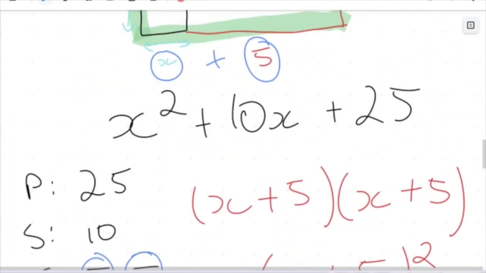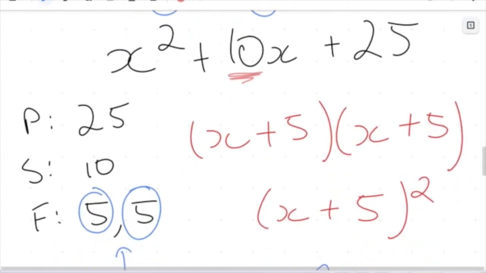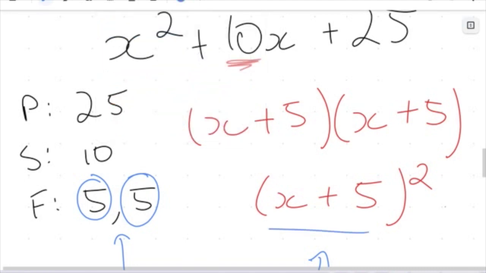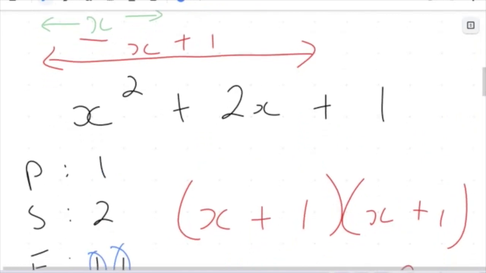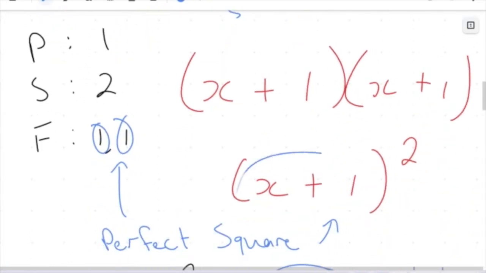Now over here, half of my coefficient of 10 is 5, and lo and behold, we got this thing down here. x plus, when this factorized, we've got x plus half of 10, which is 5, all squared. Up the top here, if we were to halve this coefficient of x, my b, half of 2 gives me 1. And once again, we had x plus whatever the half of b was, all squared.